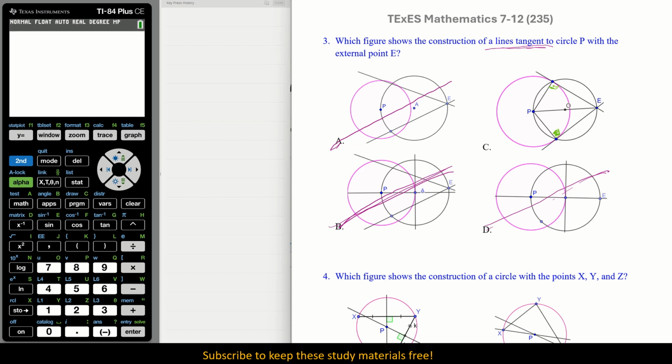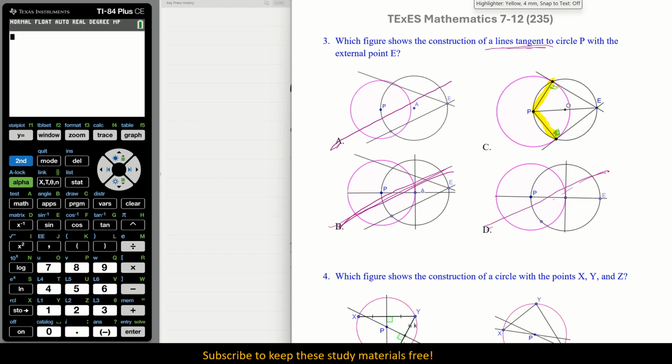What I would do, I have E, right? So I would create my two radii. I would have my radius going from P out and the other one going from P out. Create those radii first. I make sure they're perpendicular.